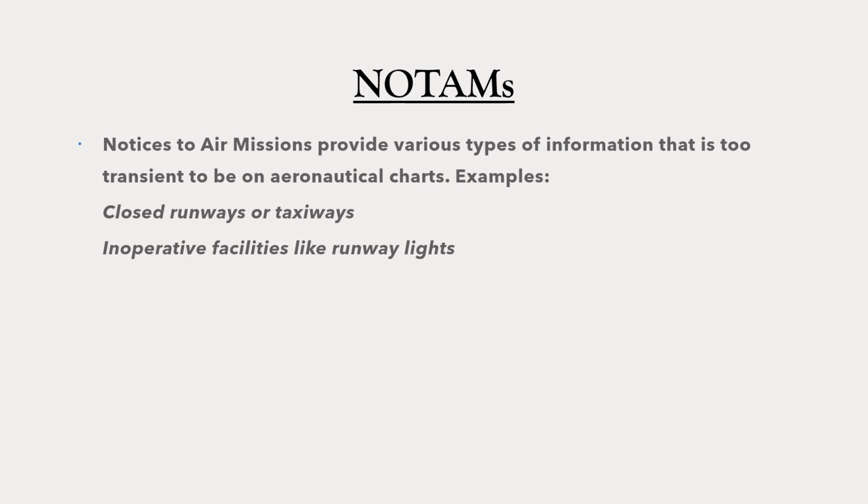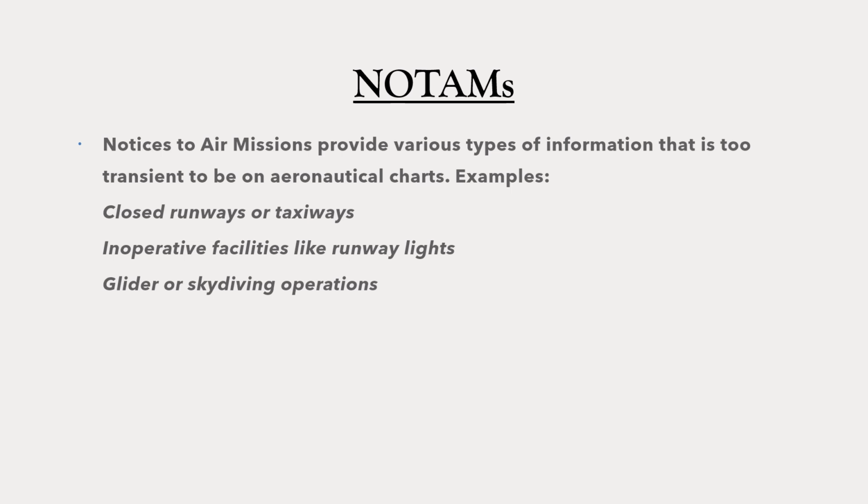Inoperative facilities, things like runway lights that aren't working, glider and skydiving operations. At Richmond Field, we have a NOTAM posted for glider operations basically from April till November. Skydiving operations do the same thing.